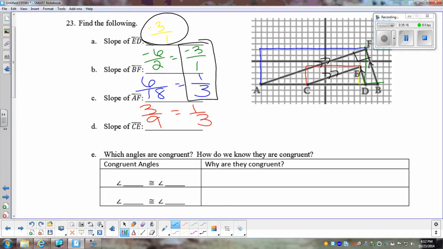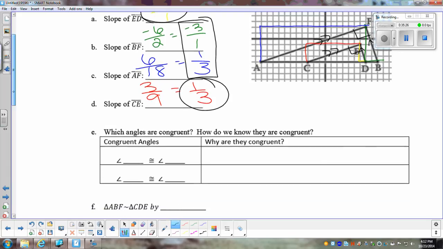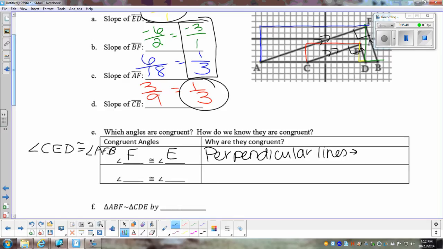And I also know that ED and CE have opposite reciprocal slopes, so angle CED is also a right angle. So automatically, when I'm looking down here, I can say that angle F is congruent to angle E, which I can also write out as angle CED is congruent to angle F, because I have perpendicular lines. I have two pairs of perpendicular lines. So I have right angles.